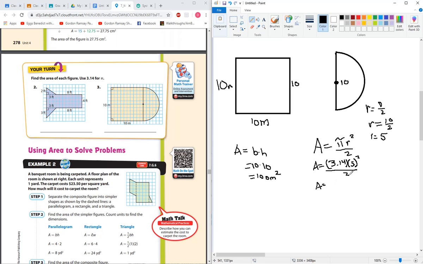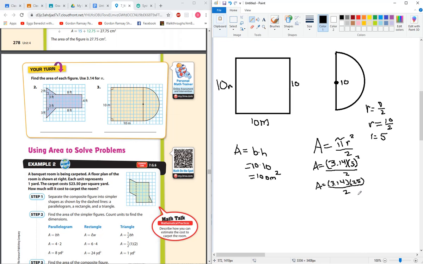So that means PEMDAS exponent comes next. So I have 3.14 times 25 divided by 2.